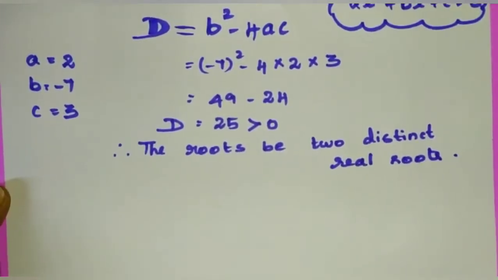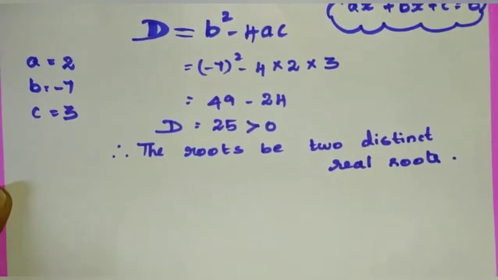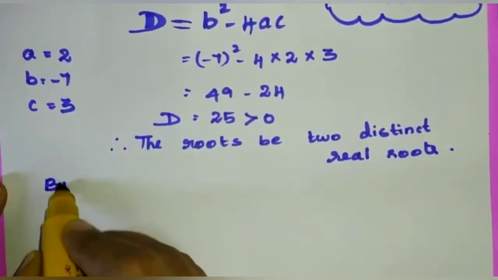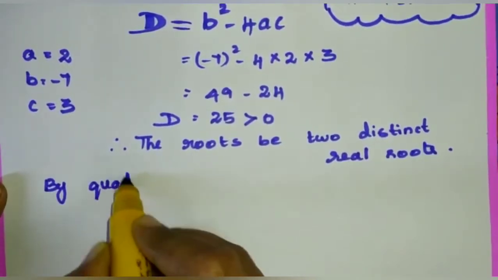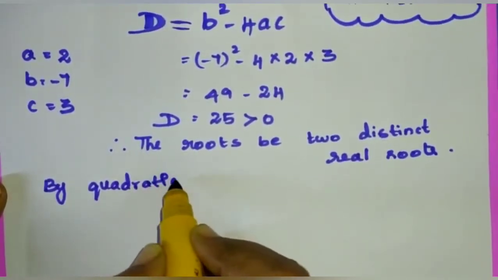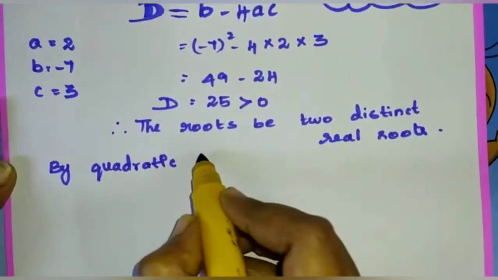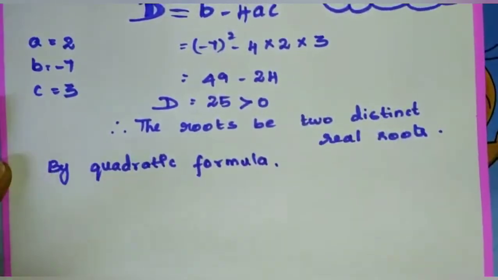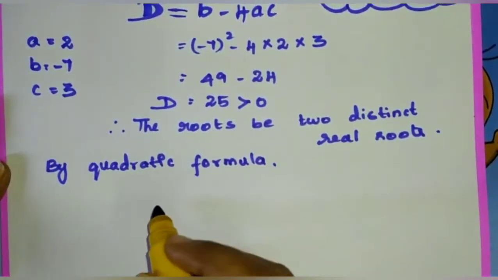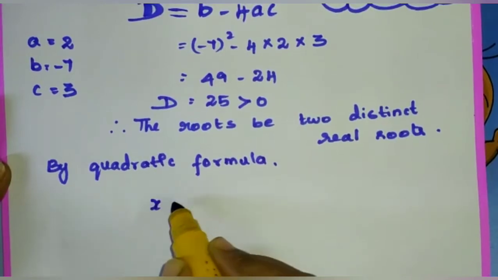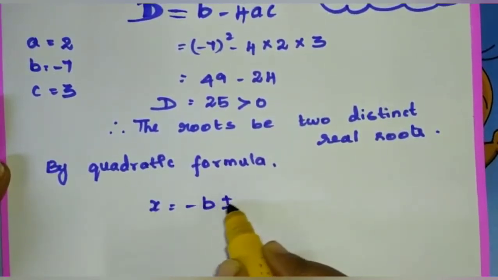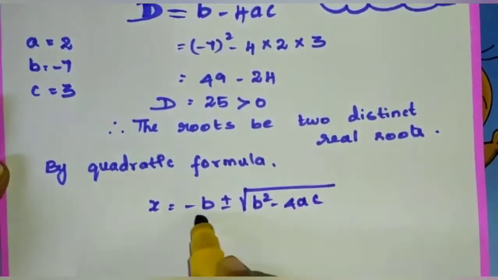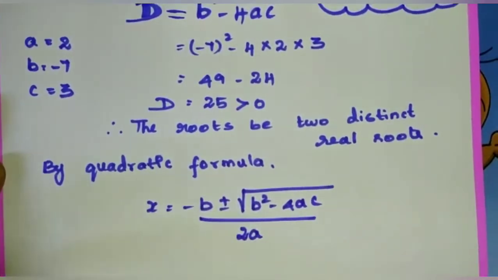Shall we check whether we are getting two different roots by using the quadratic formula? So what is the quadratic formula? x is equal to minus b plus or minus root of b square minus 4ac divided by 2a.